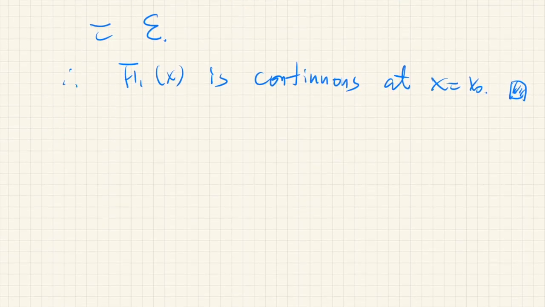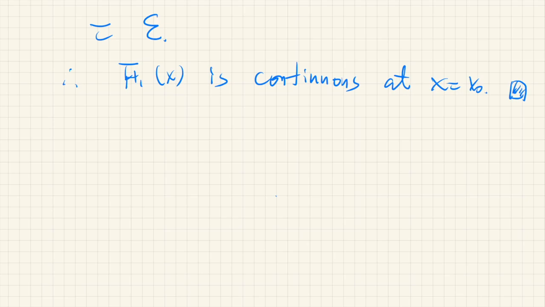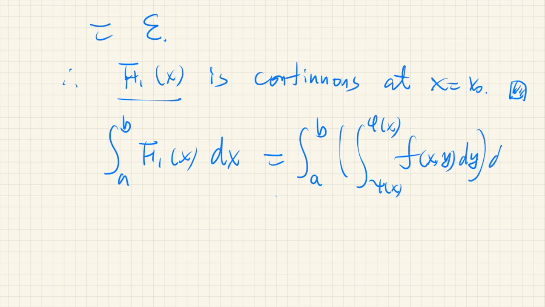Now that we have shown F1 of x is continuous in a closed interval, this function is integrable over this interval. And we are going to show that this is indeed equal to, by definition of F1, this integral becomes this, dy dx.